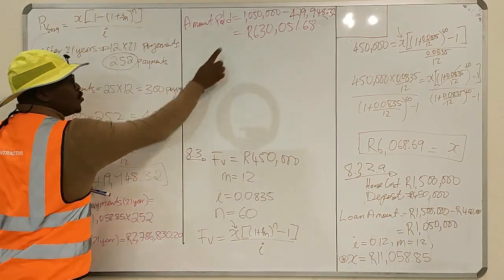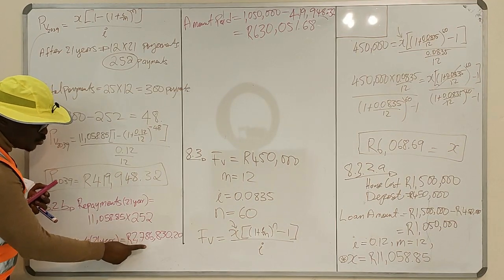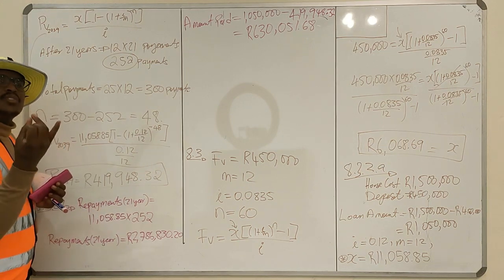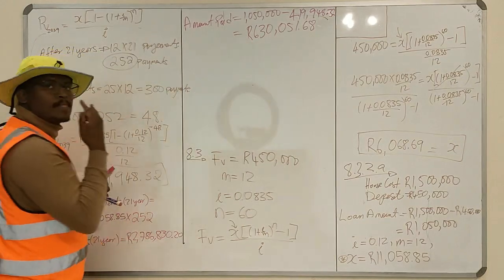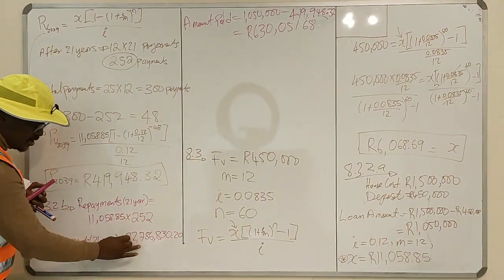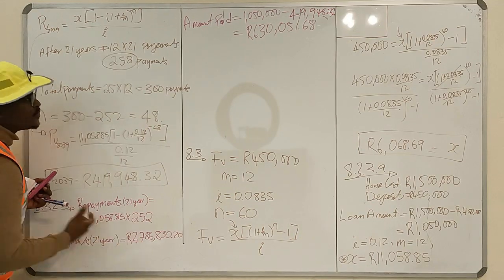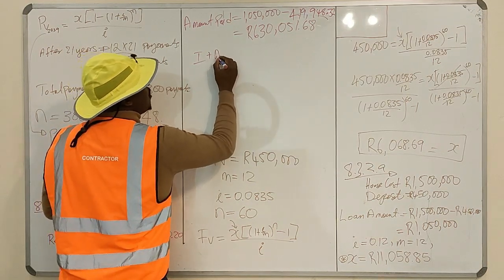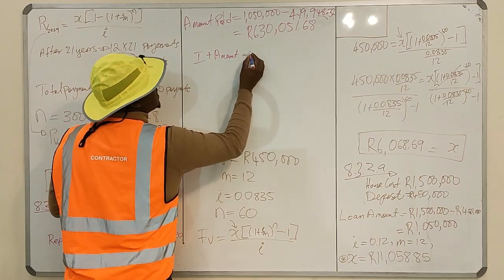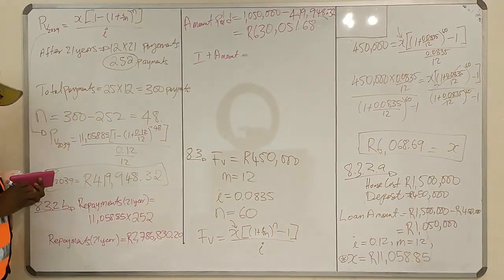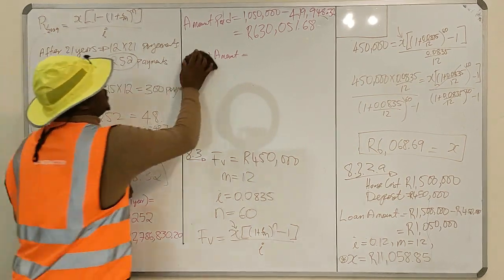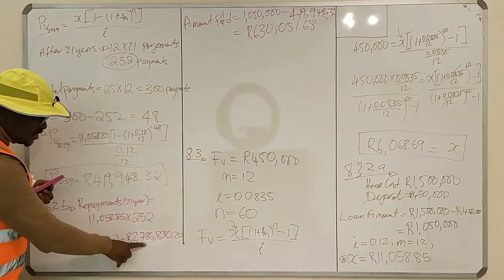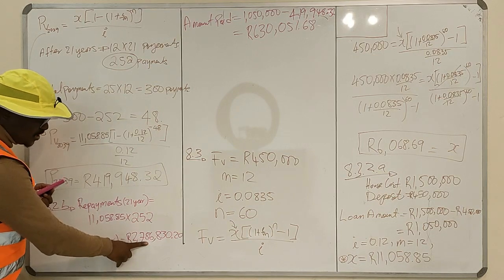The difference between the two will be the interest, because this 2.7 million includes the interest and the amount he paid off the loan. So what is the 2.7 million composed of?